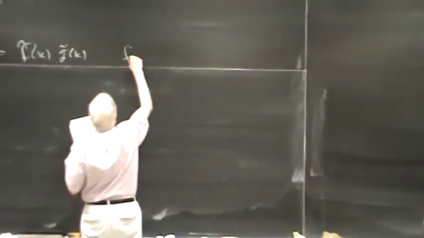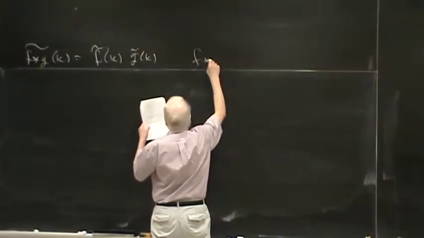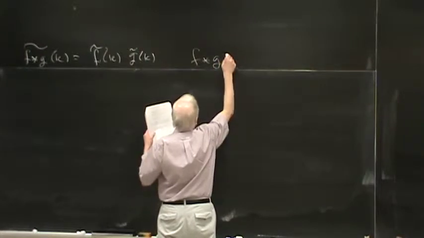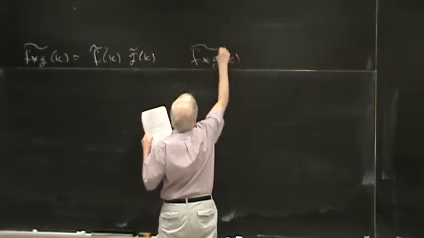So the result that we want is F star G. Its Fourier transform at K is just F tilde of K times G tilde of K. And the way we're going to do this is, first of all, compute F star G of K, obviously.